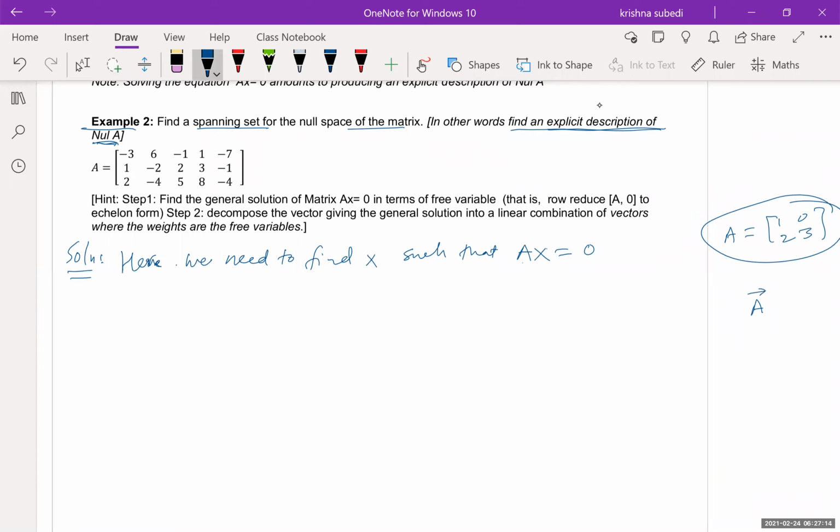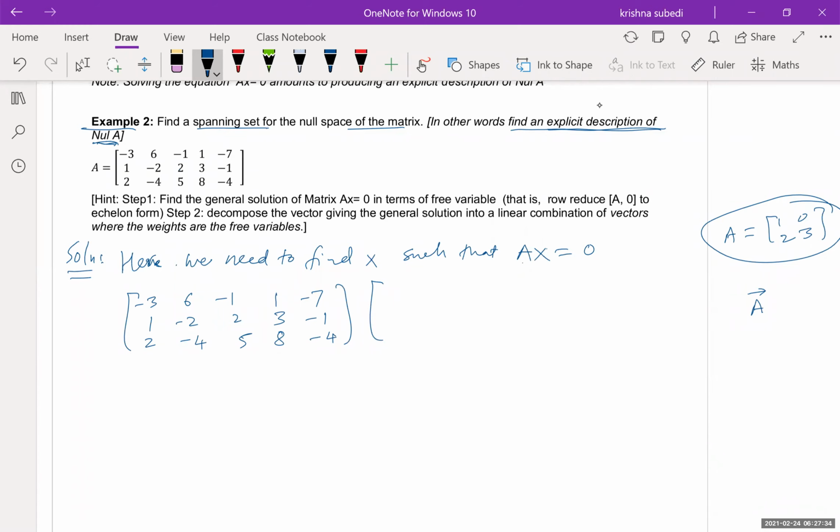All right, so let me just write it down. Ax equal to 0. A is already given there: -3, 6, -1, 1, -7; 1, -2, 2, 3, -1; 2, -4, 5, 8, -4.